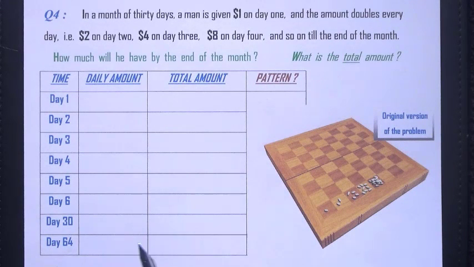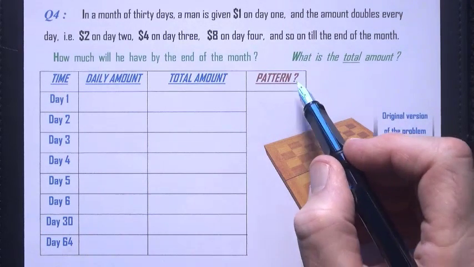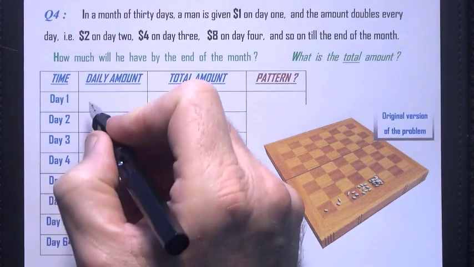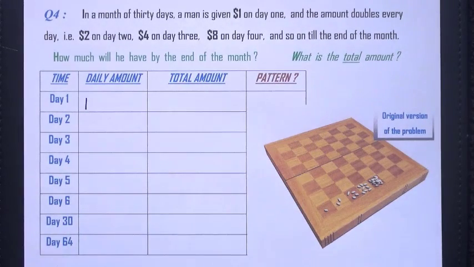Again, if we use a table, that'll help us to work out what's going on, and we'll be able to find the pattern, if there is one. So on day 1, he receives $1 and the total is 1.